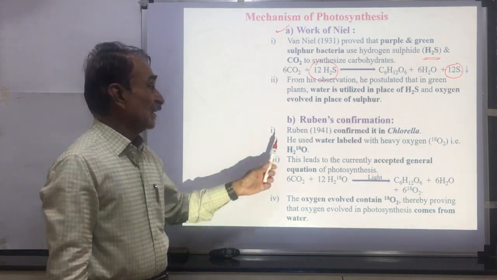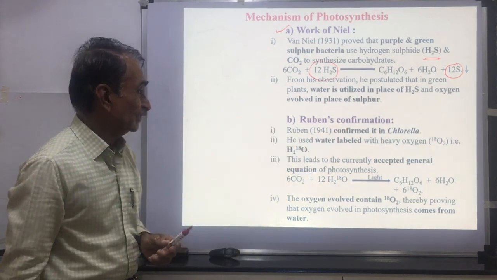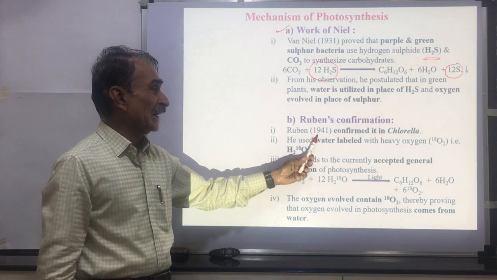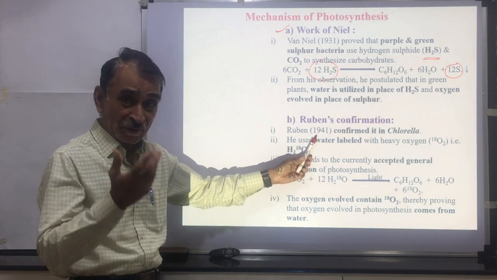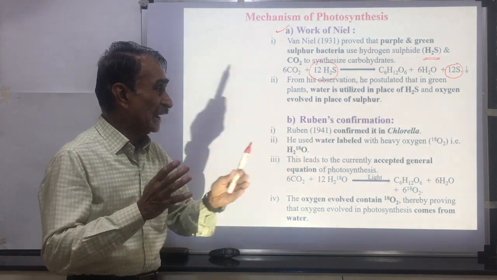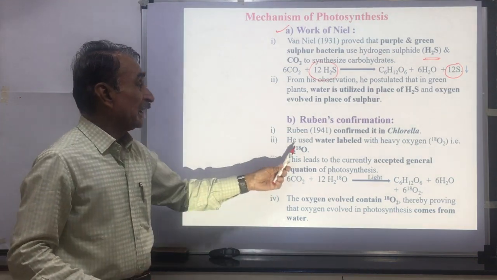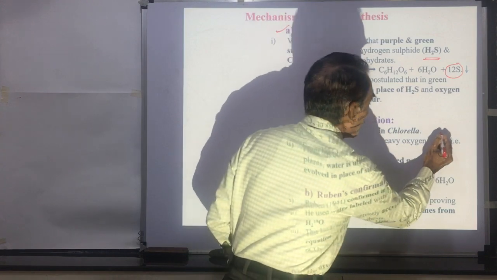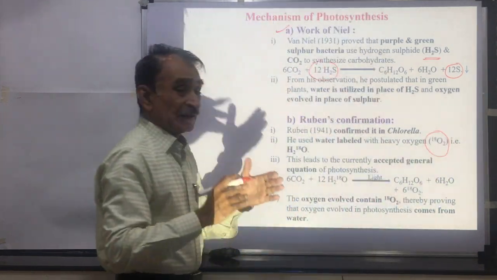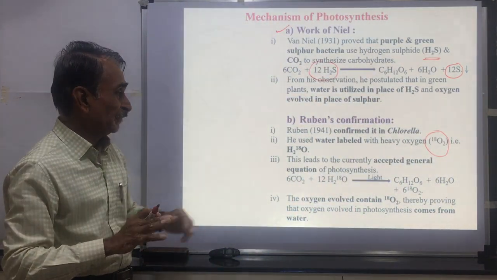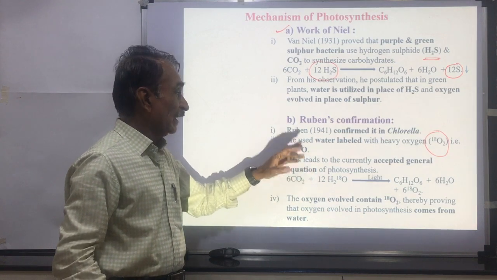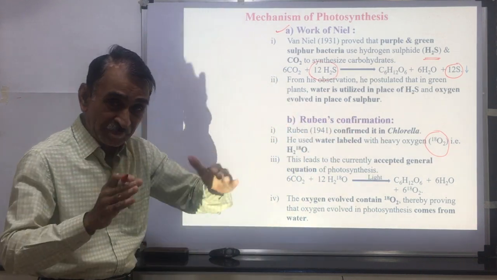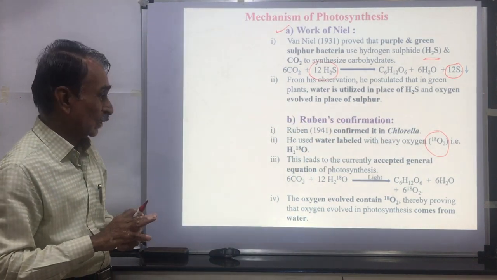Then afterwards, Ruben's confirmation. Ruben in the year 1941 confirmed it in Chlorella, an alga. He used water labeled with heavy oxygen, 18O2, a heavy isotope of oxygen, that is H2 18O.